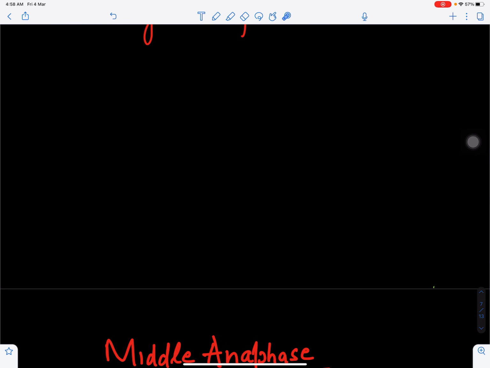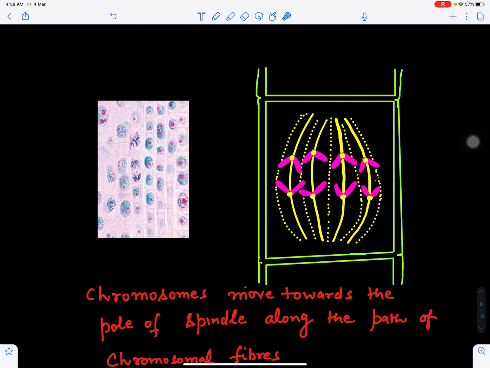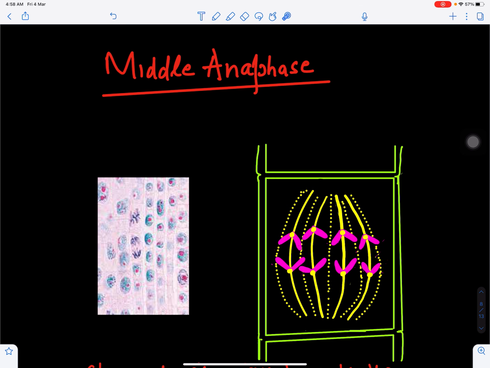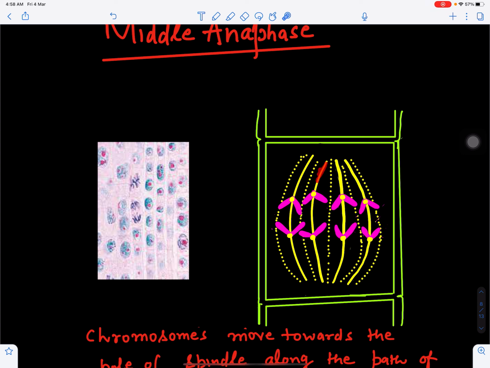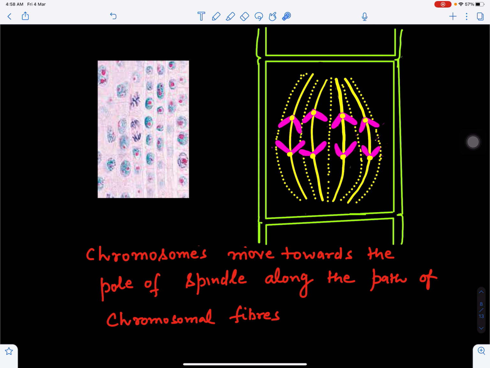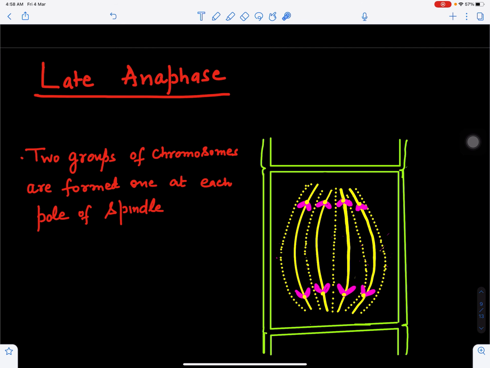So in early anaphase they start separating, right? And then they start moving along the chromosomal fiber toward the two poles, right? This will move toward this pole, and this will move toward this pole. So they start moving toward the poles of the spindle along the path of the chromosomal fiber, right? So this is middle anaphase.